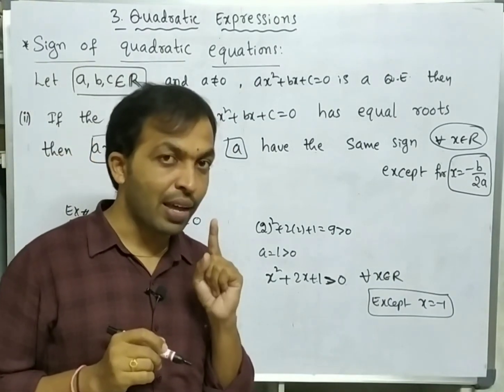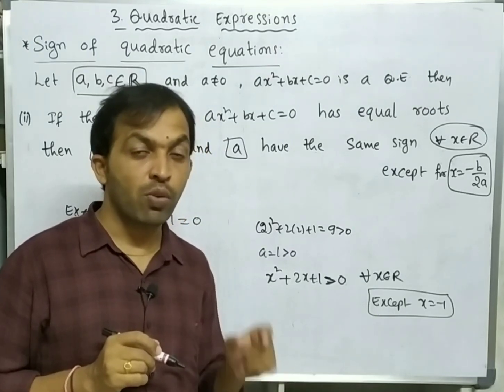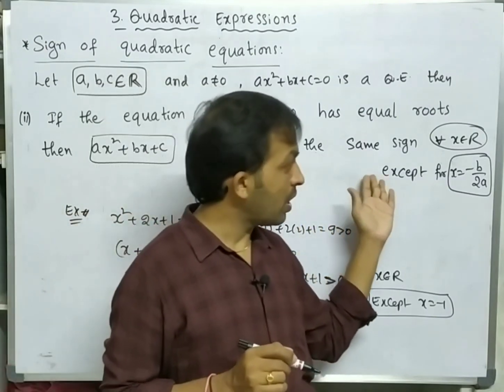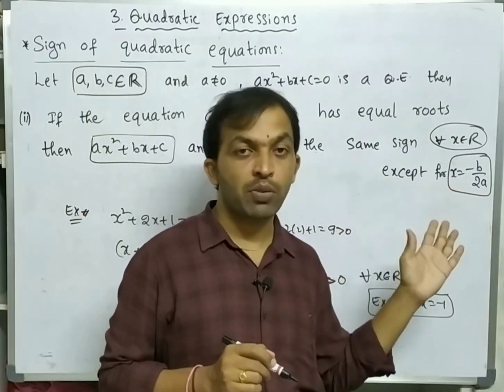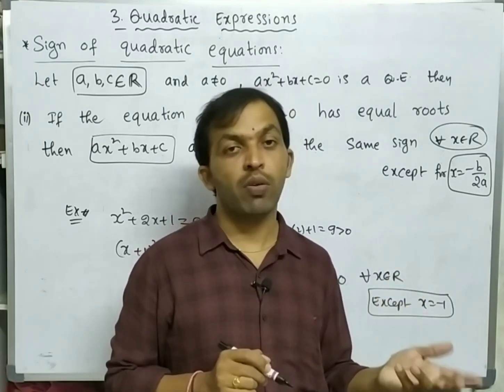Students, already I said that if a condition is mentioned, you have to think about that. Here the condition is except x is equal to minus b by 2a. If we take x is equal to minus b by 2a, what happens? In that way you have to think.